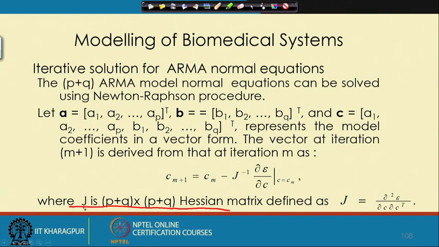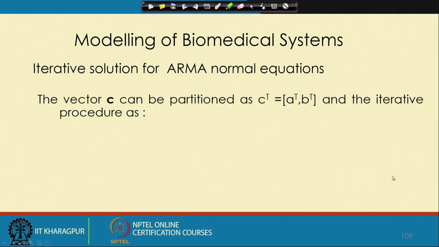J is the Hessian matrix, that means we are taking the double derivative of the error eta with respect to C, and we compute that at the point C equal to C_m. Okay. So, once we compute that, we can update that value.